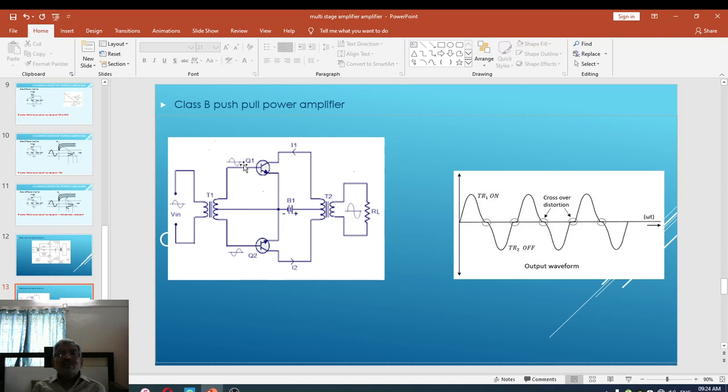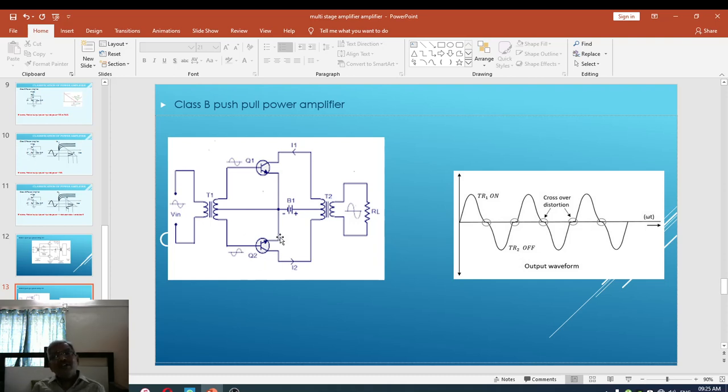Suppose Q1 receives the positive half cycle with respect to center tapping; then the base of Q2 receives the negative half cycle with respect to center tapping. As both transistors are of NPN type, the emitter base junction of transistor Q1 is forward biased, so it allows current to pass through the collector, acting as a pushing transistor, whereas the emitter base junction of transistor Q2 is reverse biased.